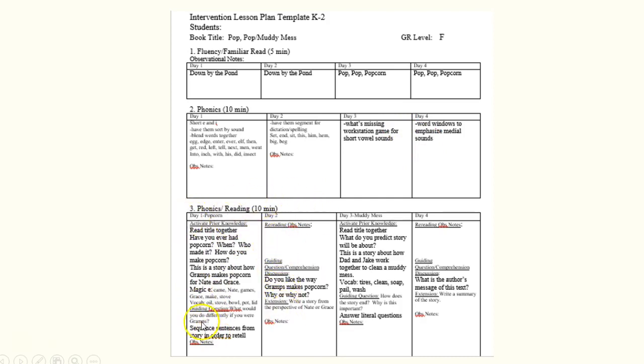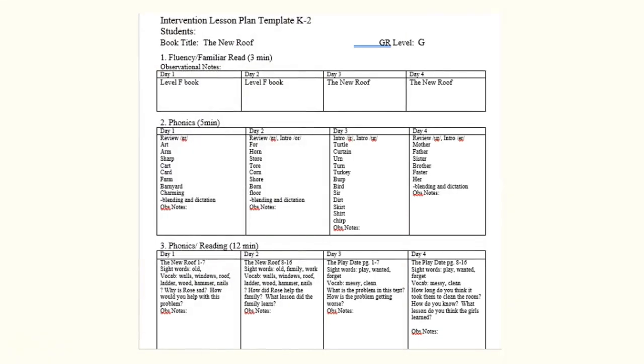So this is really similar to that guided reading lesson plan that I showed you. I just happened to put my phonics word work piece at the beginning where she had it at the end. I'm sure she has a good reason for putting it at the end, and had I had the Next Step Forward sooner in my career, I probably would have followed that instead of creating my own system.